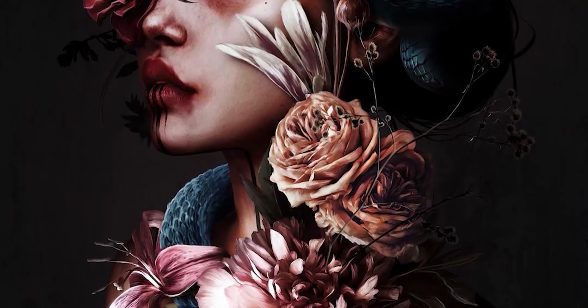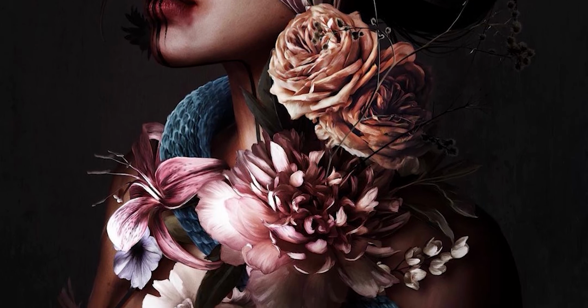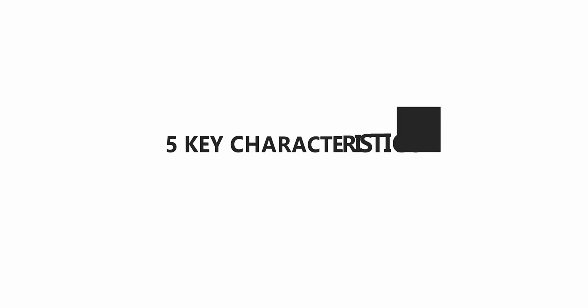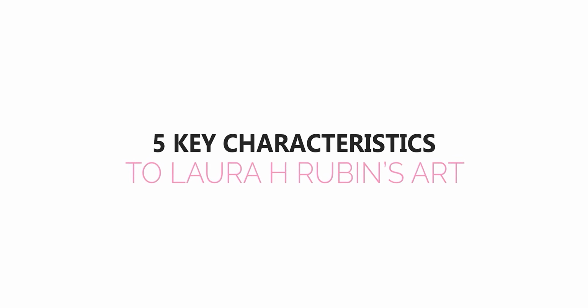I guess we can say when it comes to telling stories, Laura is a bit of a supernaturalist. Speaking of lists, take yours out now and let's look at 5 key characteristics to Laura H Rubin's art.